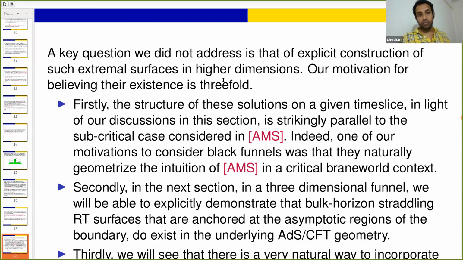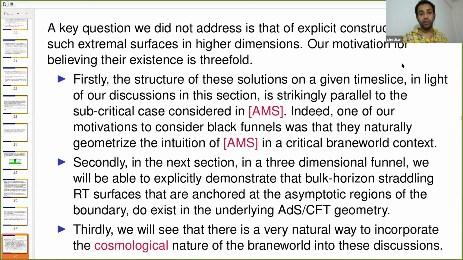Our motivation for believing their existence is threefold. One is that in the AdS black funnels, compared to the AdS systems with sync that people looked at, the basic reason I wanted to look at black funnels is that black funnels have a horizon structure which is very similar in many ways to those pictures that people have drawn. That was my motivation for looking at black funnels.